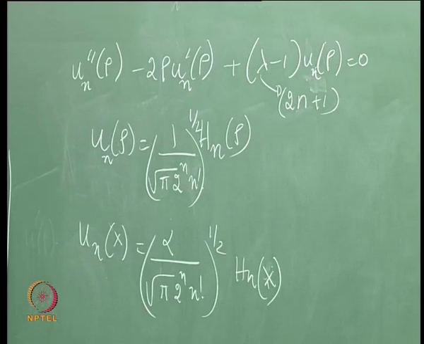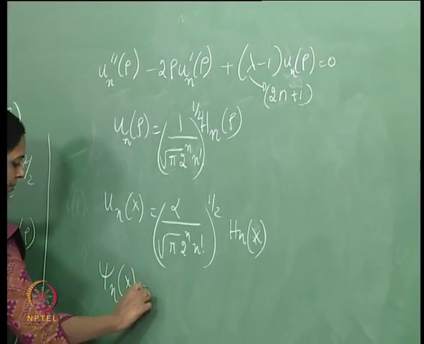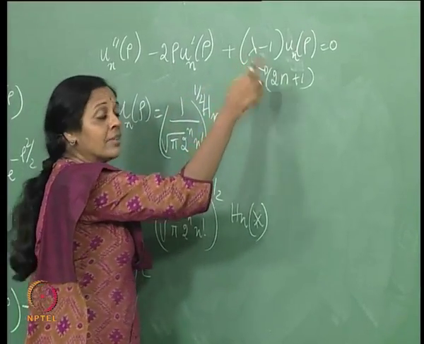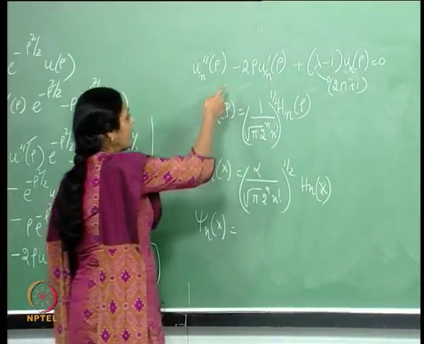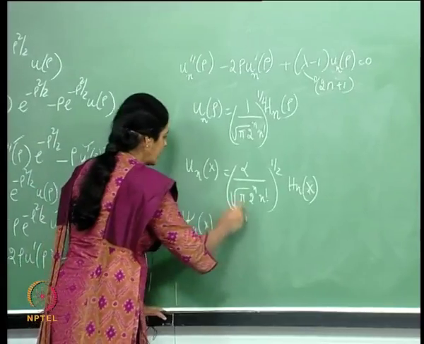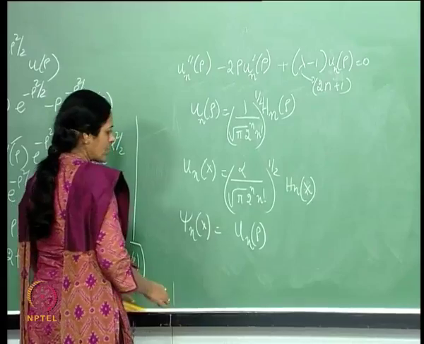The Uns form an orthonormal basis set of functions, but now going back to psi, I now write psi n of x, because for a given value of n and therefore lambda and therefore E, I have a certain wave function, and that is given by this object Un of rho, which is essentially Hn.